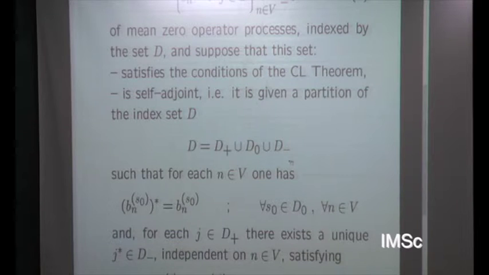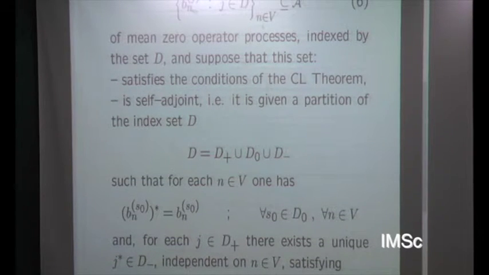So you should think that for each fixed n, the Bnj are the generators of an algebra.